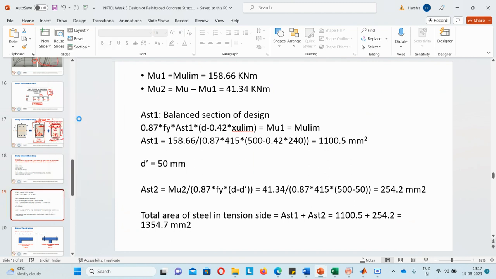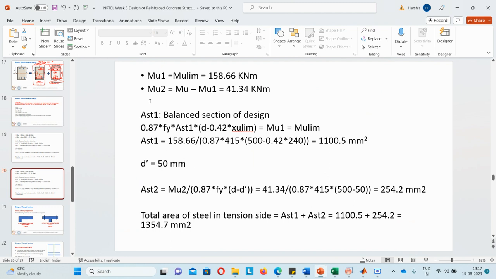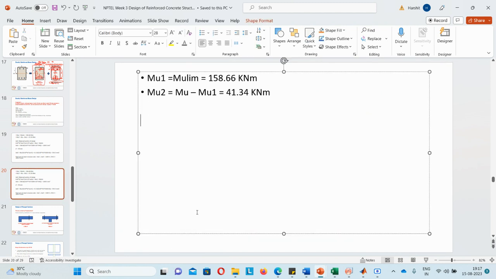The area of steel on the compression side. How will we do that? So we know Mu2. ASC will be nothing but Mu2 divided by fsc times (d minus d dash).